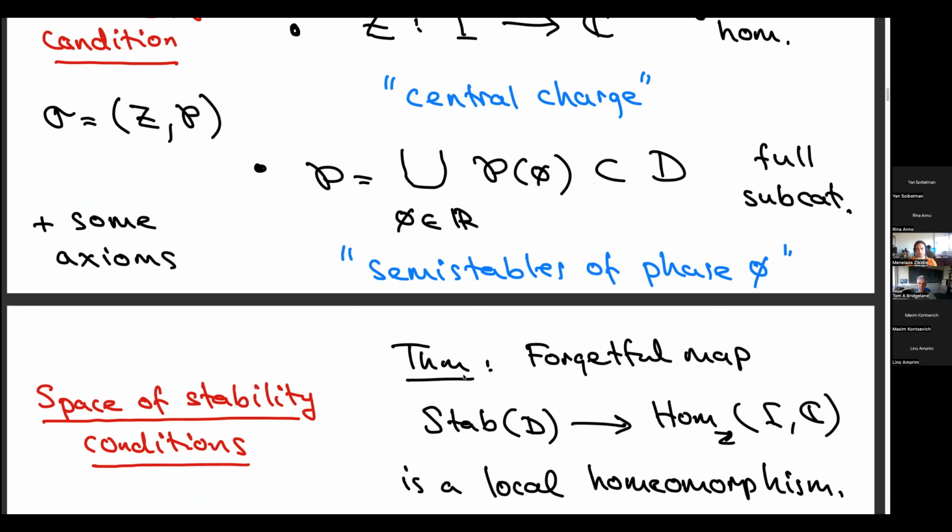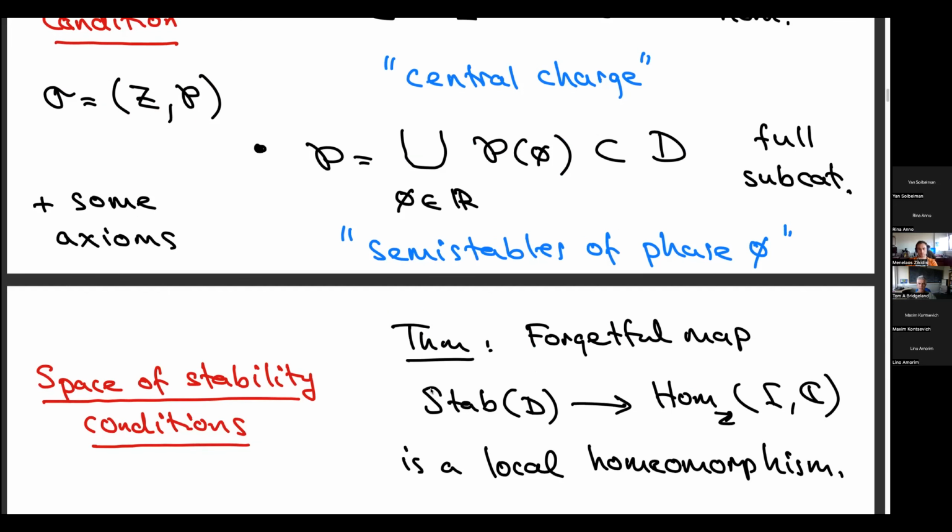And then the main result about this is that if you consider the space of all stability conditions on a fixed category D, then there's an obvious forgetful map which forgets about this category P and just remembers the central charge, this map Z, which is a map from gamma to C. And the point is that there is a natural topology on this set of stability conditions.